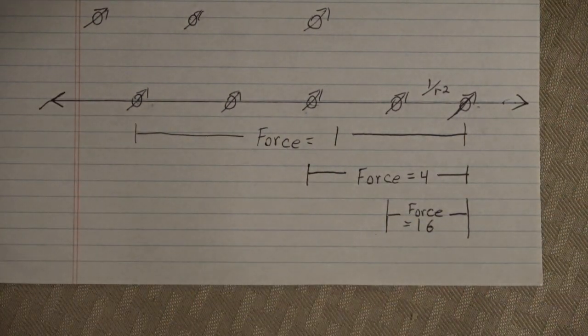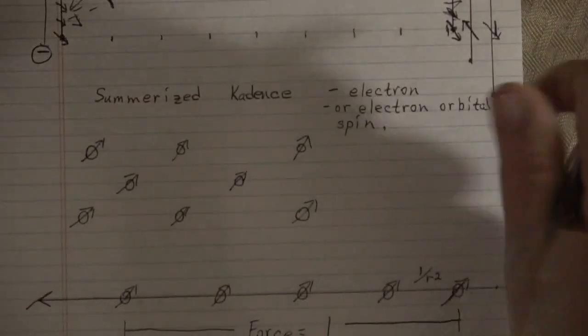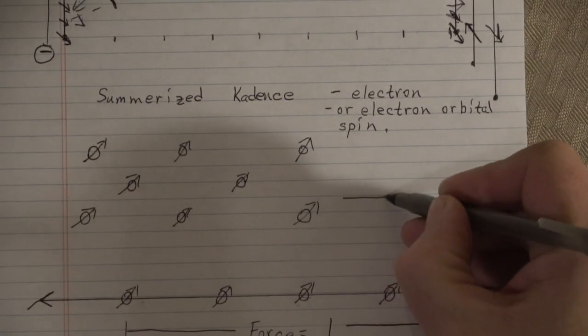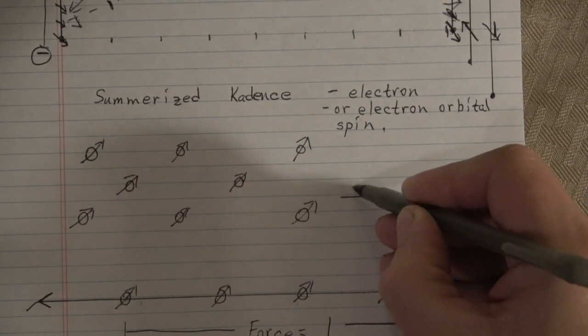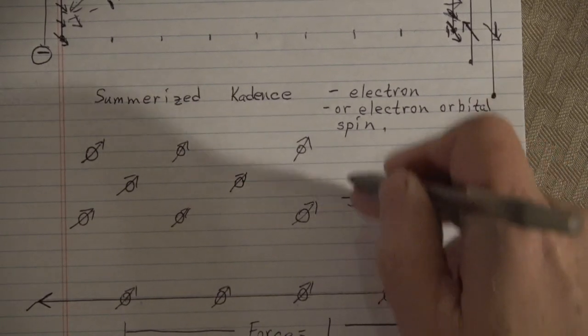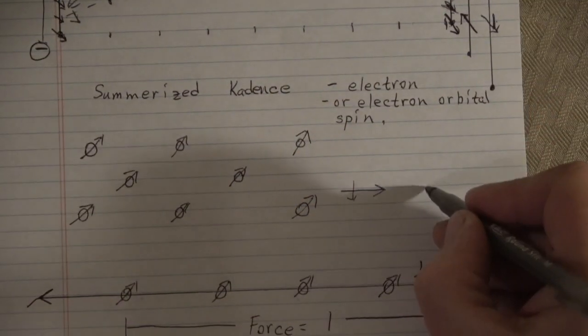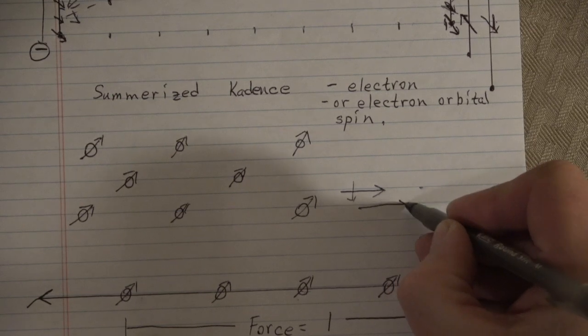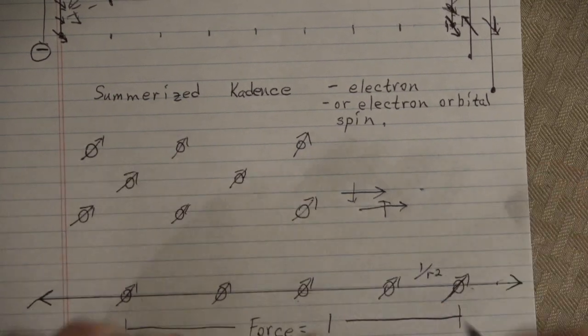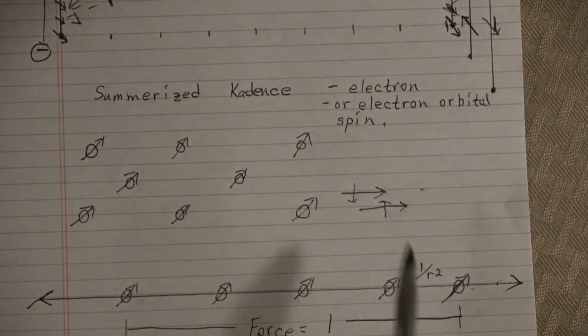And that is where I am getting polarization from. I am not getting it from the actual spin. Or I shouldn't say that. I should say that I'm not getting it just from the spin of the photon. I'm saying that the direction of the spin, whether a photon is coming this way and has a spin that is clockwise, or a photon that is this way and it has a spin that is counterclockwise in that direction, makes no difference.